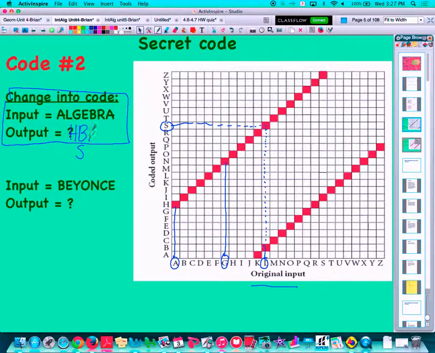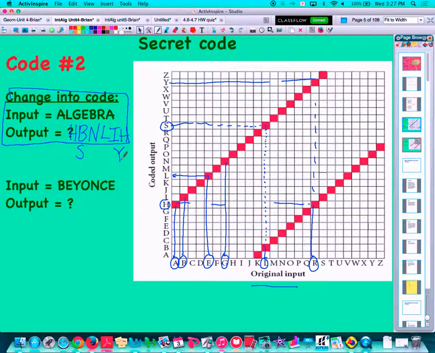That would be the letter N. E has only one output. That goes with L. B has only one output. That goes with I. R, okay, R is another one that has two outputs. So if we follow that up and over, that goes with H. But R also could have an output that goes with Y. So H or Y could be that one.